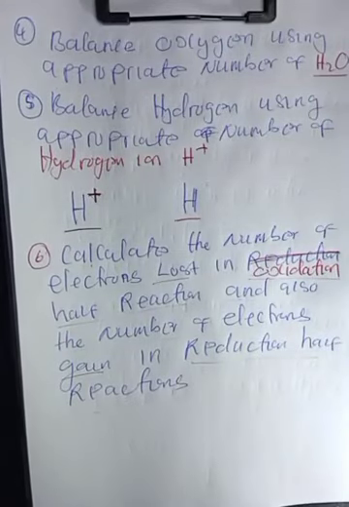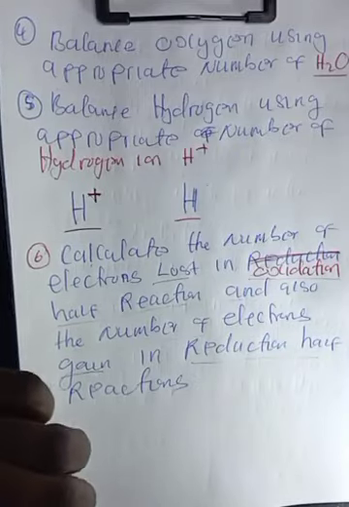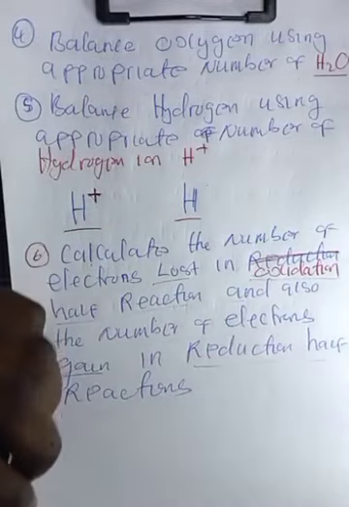Remember what we said, oxidation is the loss of electrons. So we have to calculate how many electrons were lost in that particular reaction. At the same time, reduction is a gain of electrons. So you need to calculate the number of electrons that were gained in that particular half reaction. So you need to know the actual number of electrons.